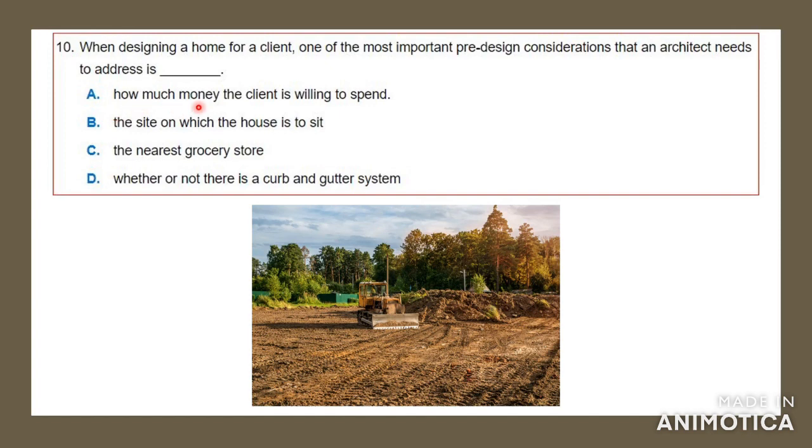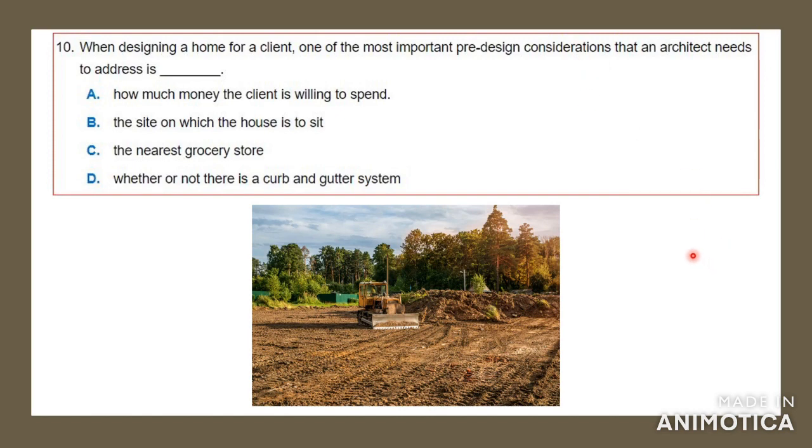Does he need to know how much money the client is willing to spend? Does he need to know the site on which the house is to sit, the nearest grocery store, or whether or not there is a curb and a gutter system? Okay, which one would be the most important pre-design consideration?